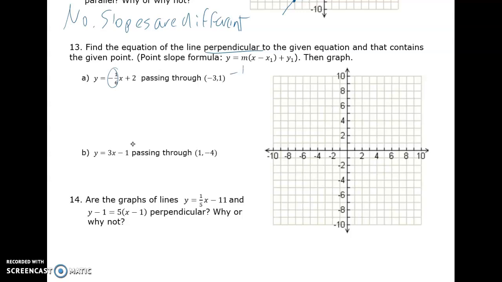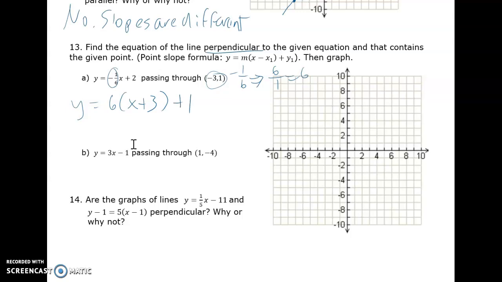So -1/6 becomes 6/1, which is just 6. So guys, you don't need to write it as 6/1, just leave it as 6. Our point here is -3, 1. So my equation will be y equals 6, parenthesis x plus 3, plus 1.